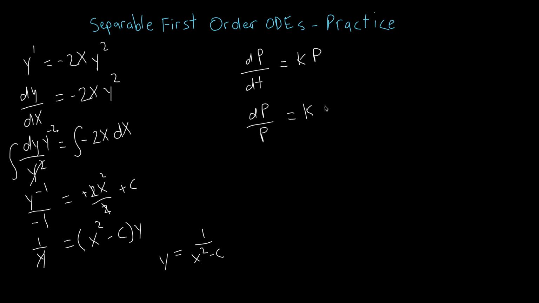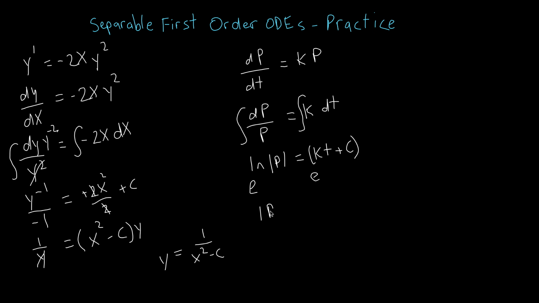So k is a constant times dt. And we're going to integrate both sides. We get natural log absolute value of p equals kt plus c. And then to solve for our p, we need to exponentiate.